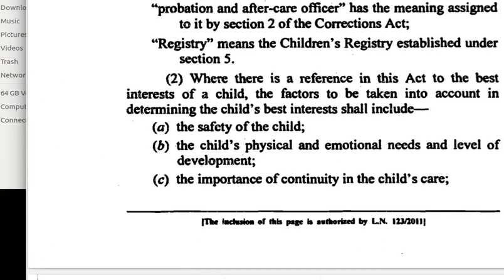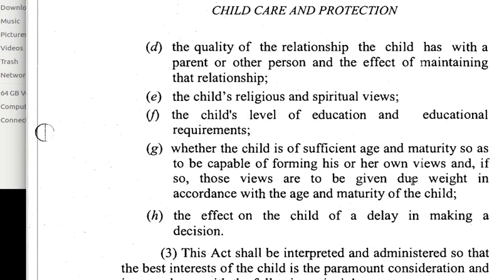Where there is a reference in this act to the best interest of a child, the factors to be taken into account in determining a child's best interest shall include the safety of the child's physical and emotional needs and level of development, the importance of continuity in the child's care, quality of relationship the child has with parents and other persons, the child's religious and spiritual views, child's level of education and educational requirements, whether the child is of sufficient age and maturity so as to be capable of forming his or her own views, the effect on the child of a delay in making a decision.